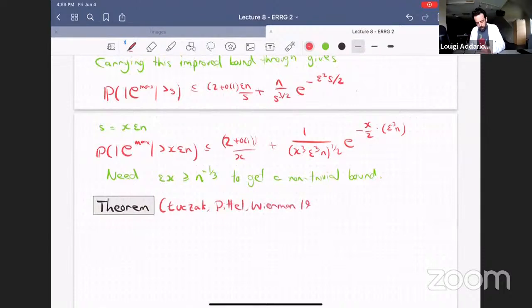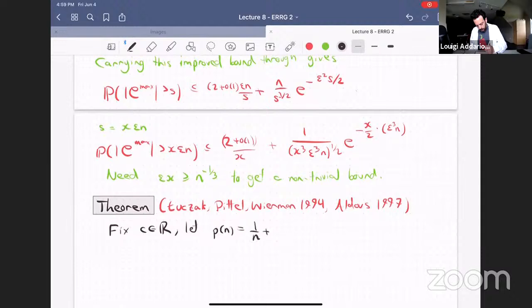So this is from '94, and then there's related work by David Aldous from 1997. So this says that if we fix a real constant c and let p be 1 plus c over n to the third, over n, so that's our epsilon divided by n.